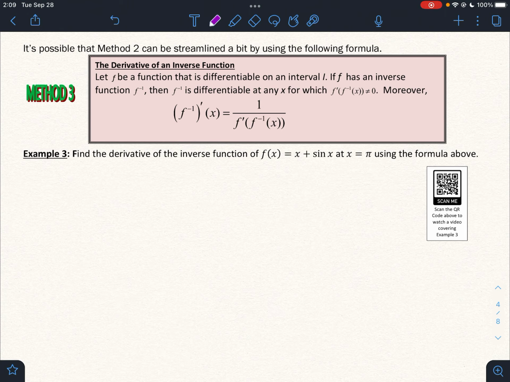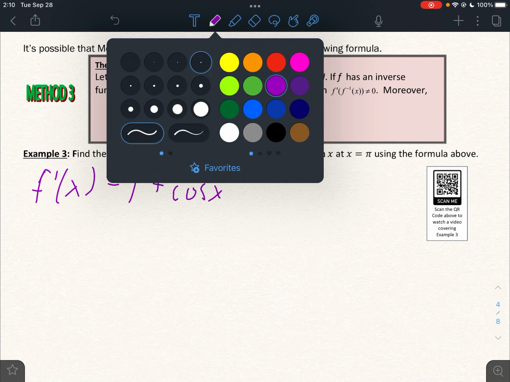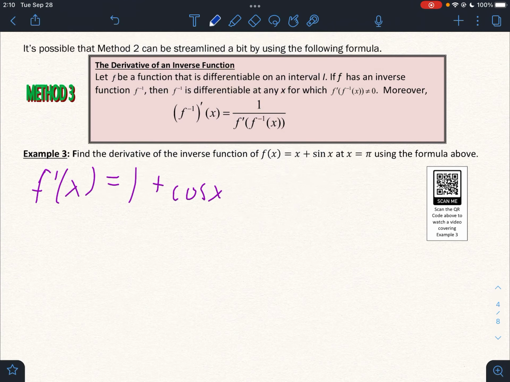All right. So taking the derivative of f will get us 1 plus cosine of x, right? Now, let me use a different color here. Again, we're looking at x equals pi on the inverse function, not x equals pi on this function.